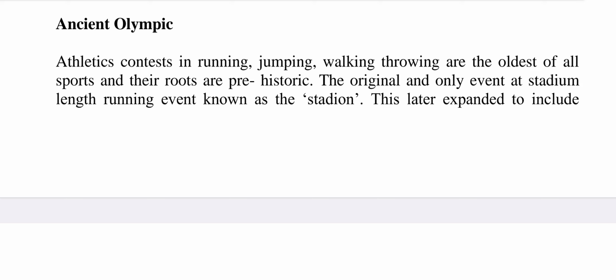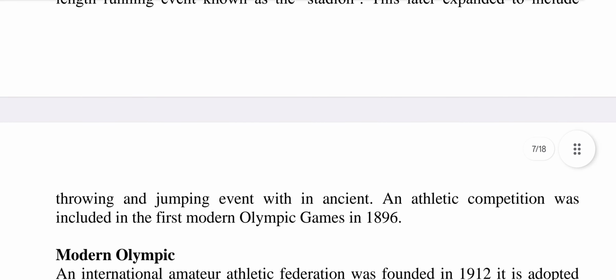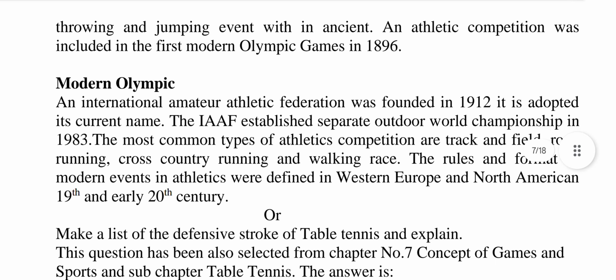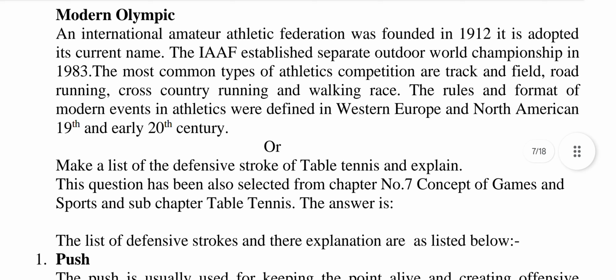This later expanded to include throwing and jumping events within ancient athletic competition, and athletics was included in the first modern Olympic Games in 1896. Modern Olympics, an international amateur athletics federation was founded in 1912. It adopted its current name.